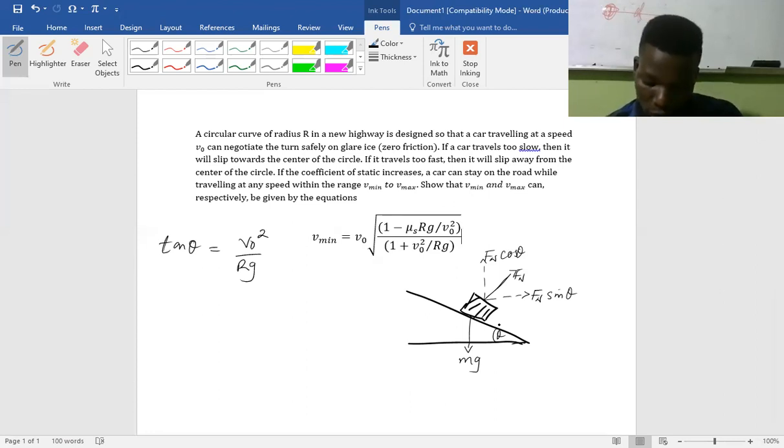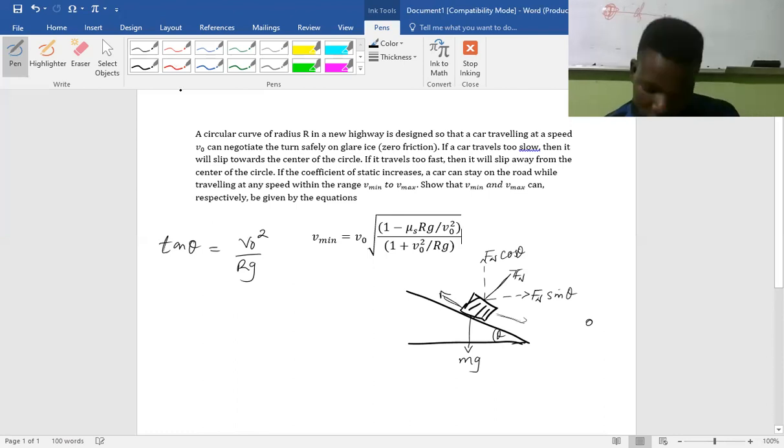So when there is minimum velocity, it will slip towards the center, and this is the center, remember. It will slip towards the center like that, meaning the opposing force is friction force. So friction force is going to be in that direction.